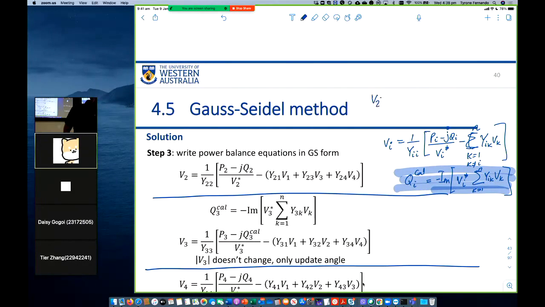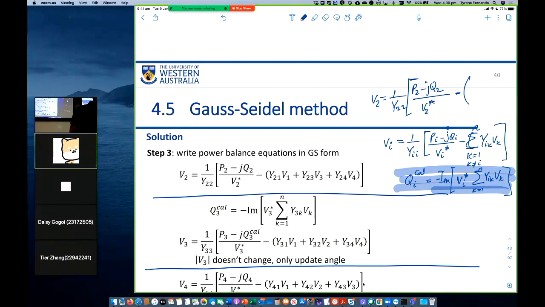V2 must equal, I is 2 because I'm looking at bus 2, Y22. And then P2 minus JQ2, divided by V2 star, minus the summation Yik, K goes from 1 to N. N is the number of buses, which is 4.